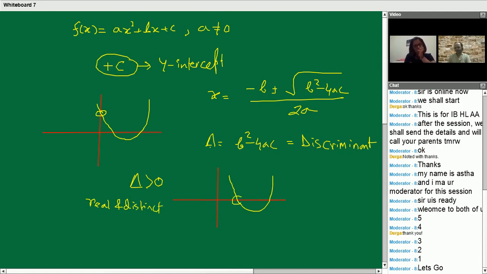It means the x-intercepts are different. There would be two different x-intercepts. These are roots or zeros. Root means x values.